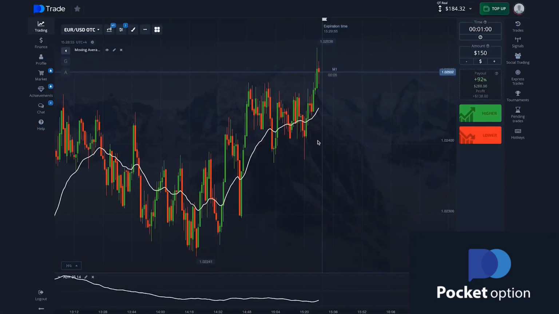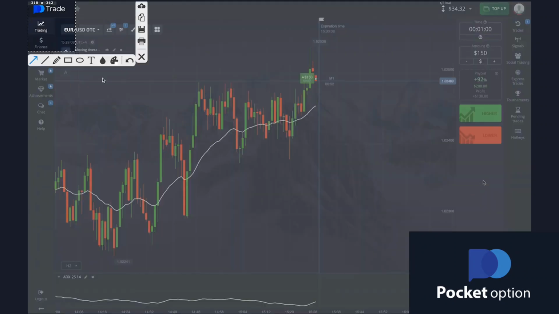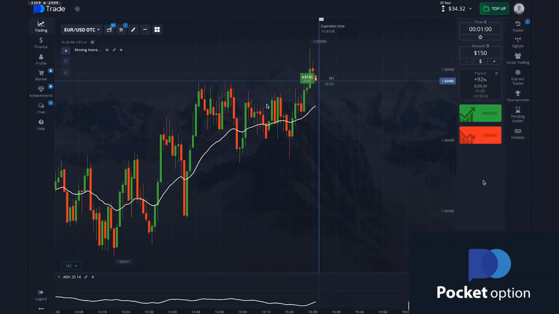Let's move on. I got a good signal. And I'm making a $150 long trade. The conditions are met, the candles are crossing the white moving average line and the ADX indicator is at the bottom. And yes, colleagues, even when making a long trade, the ADX indicator should be at the bottom. Don't get confused.